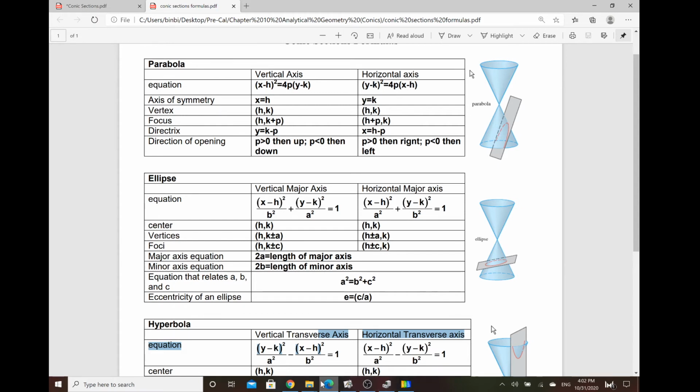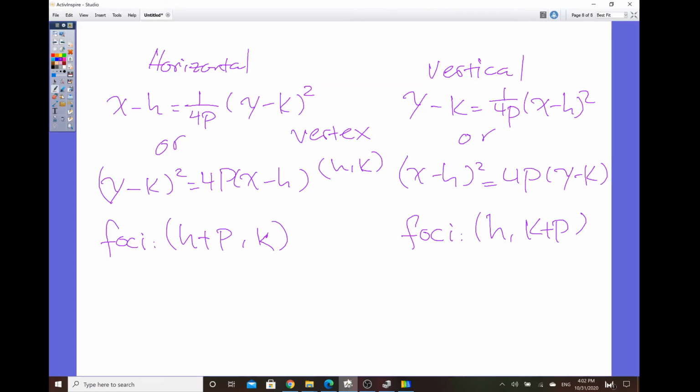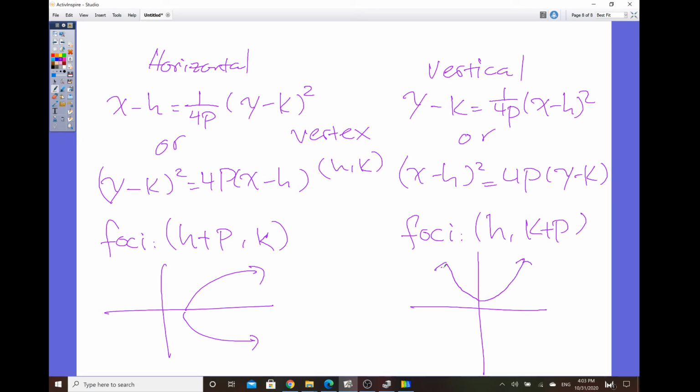And then the directrix. You've got to be very careful with the way to find the directrix. If it's horizontal, it looks like this, and the vertical will be like this. h comma k is always the vertex. Then the focus is right here, h plus p comma k, and this one right here, h comma k plus p.